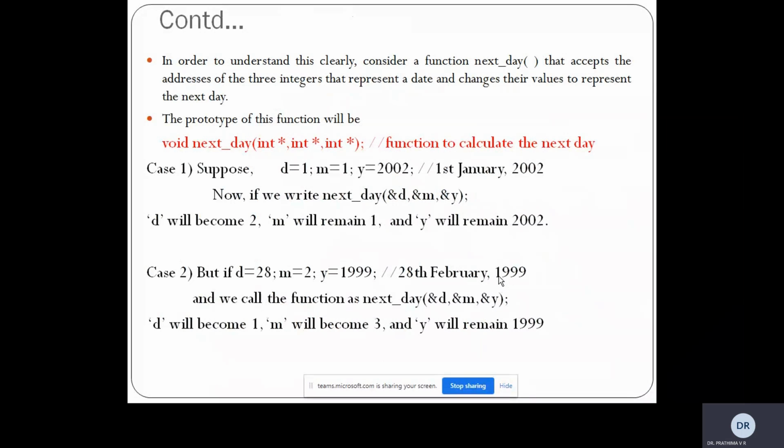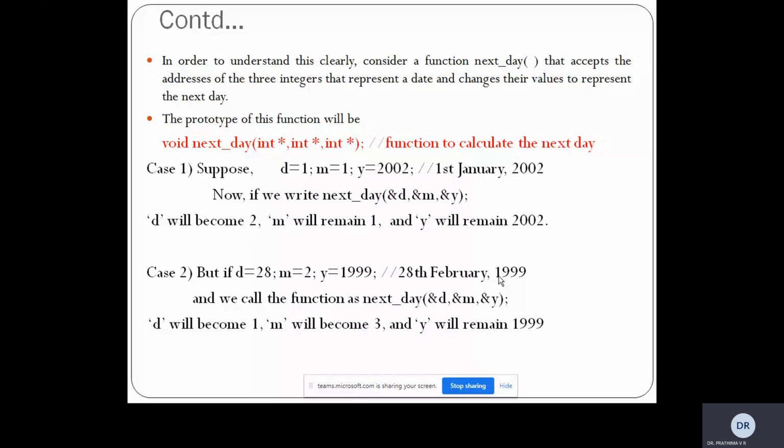We can write the function next_day where the pointer variable d corresponds to the first argument in the function call, the pointer variable m corresponds to the next argument, and similarly the pointer variable y corresponds to the third argument as per the declaration.